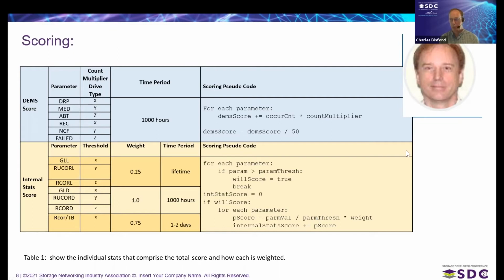So when we add them together, we have 2 scores that add together for a total score that are in the same range, so that the individual weights and scoring themselves could be scaled up or down. It really doesn't matter. It's all about the relative value compared to the other drives.